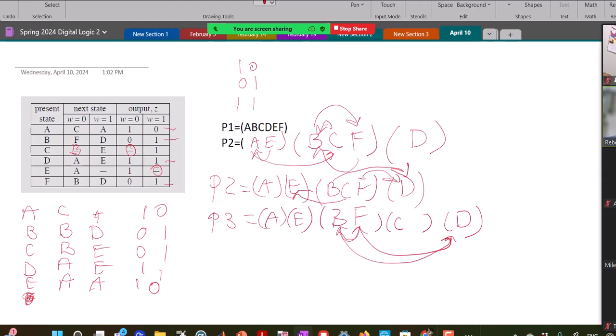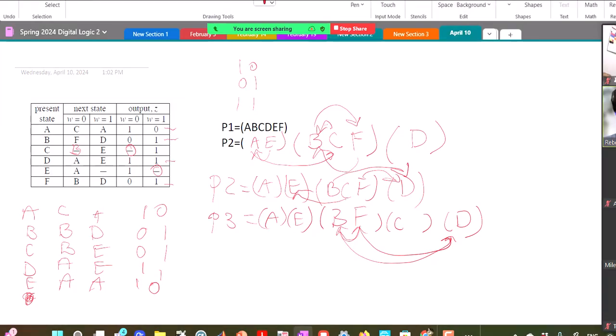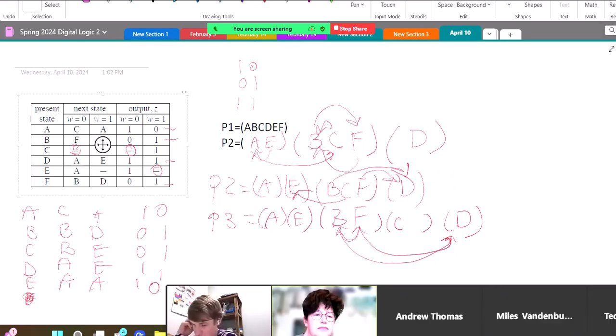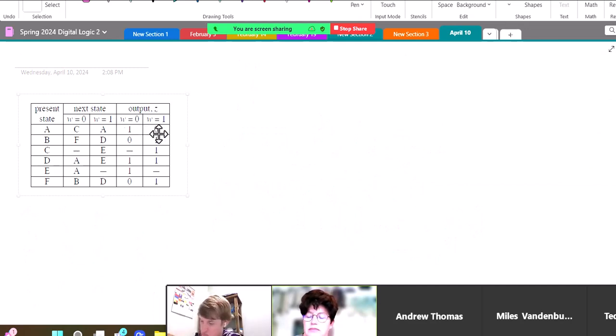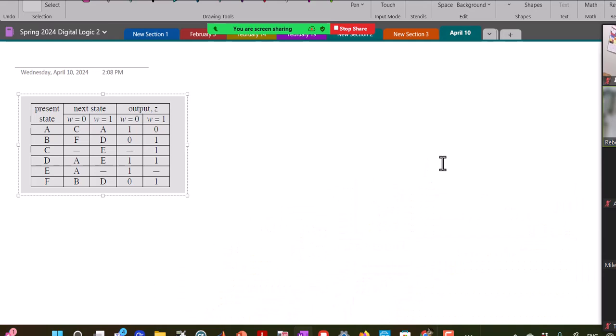Okay, so that did not really give us a very good minimization. It's not wrong, but it's not very good. And so maybe we might get something better if we made a different assumption at the beginning. So let's try that and see what happens. Let's try making them both 1s.